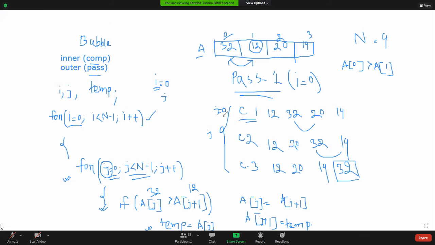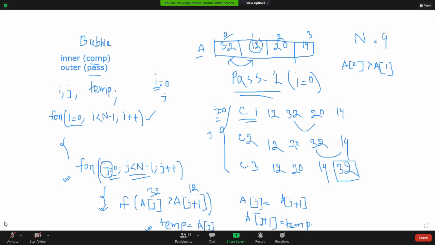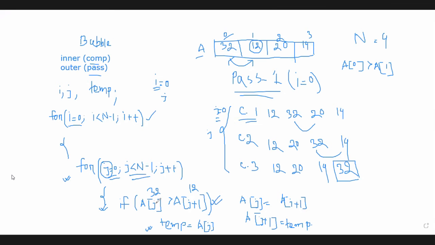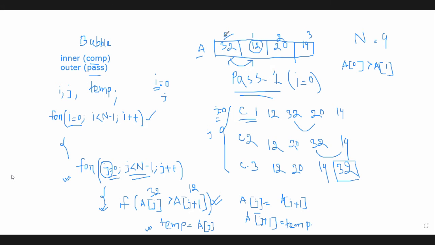Now the bubble sort algorithm will compare two elements from the Aj location and the Aj plus 1 location. In the A0 location 32 is stored, and what is the value of A1? 12, right? Here the condition is if Aj greater than Aj plus 1, and j equals 0. So A0 is greater than A1 because 32 is greater than 12.